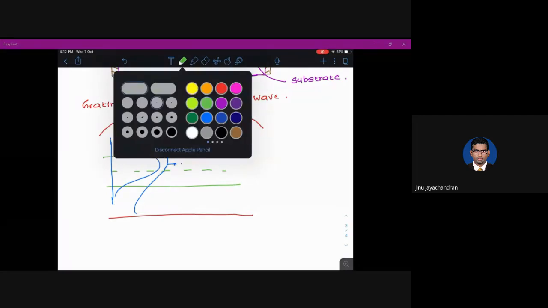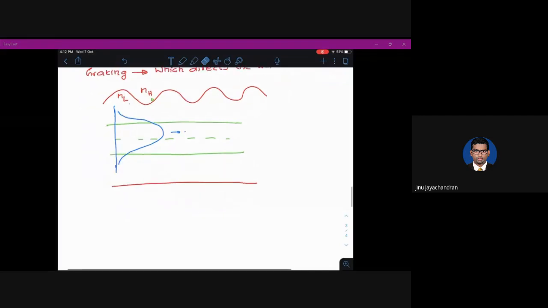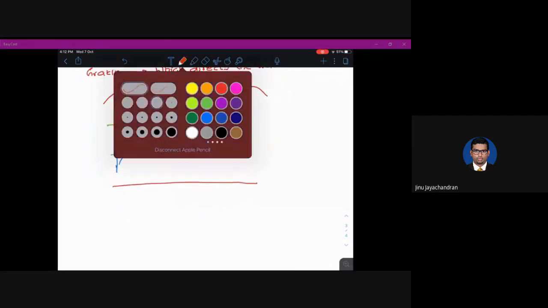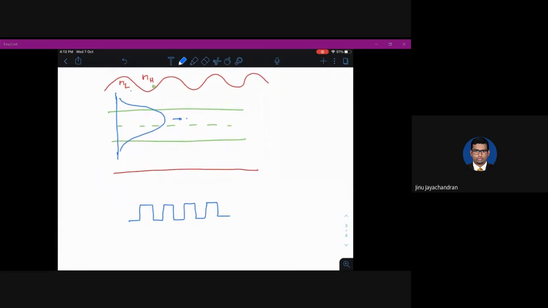Whenever the wave sees different refractive indexes, there will be reflection at the surface. To make it more clear, assume the corrugated grating is something like this, a transition like this. Now, when the wave moves through this with its tail, it sees a refractive index n high here, n low here, n high here, n low here, n high here, and goes on.